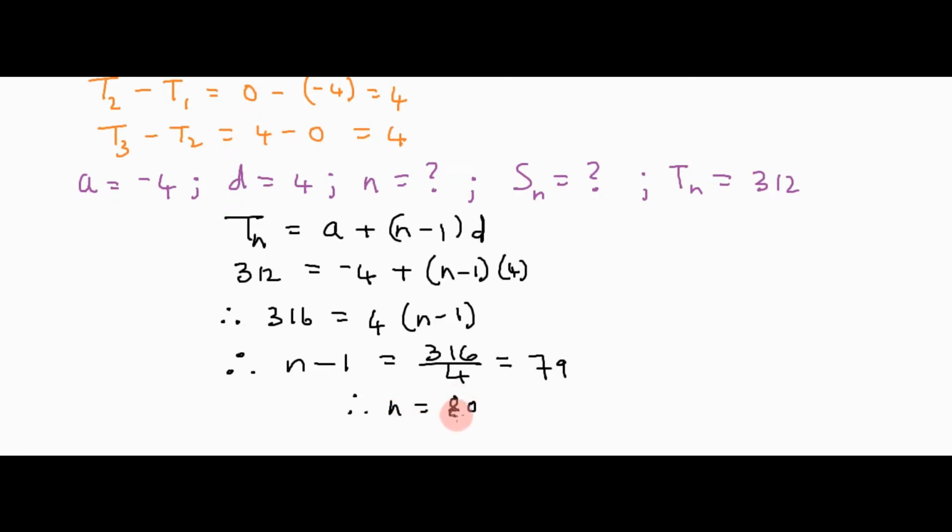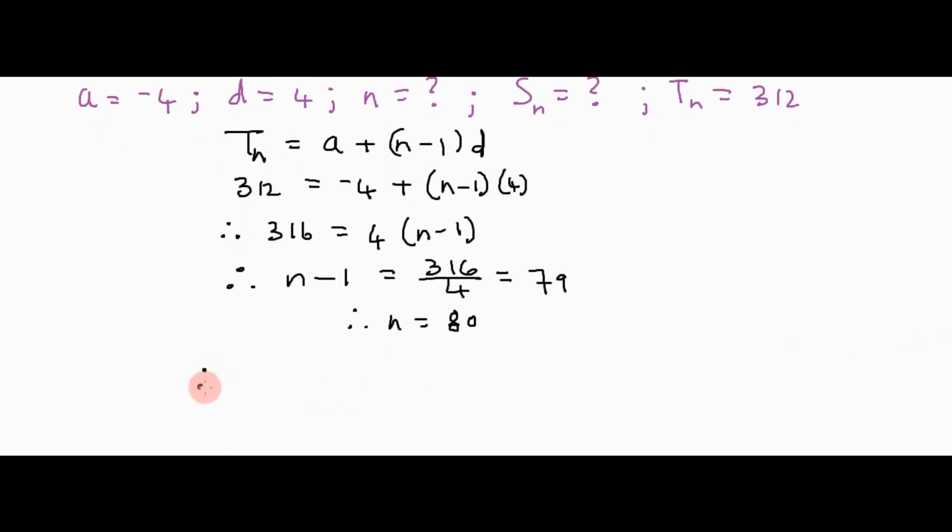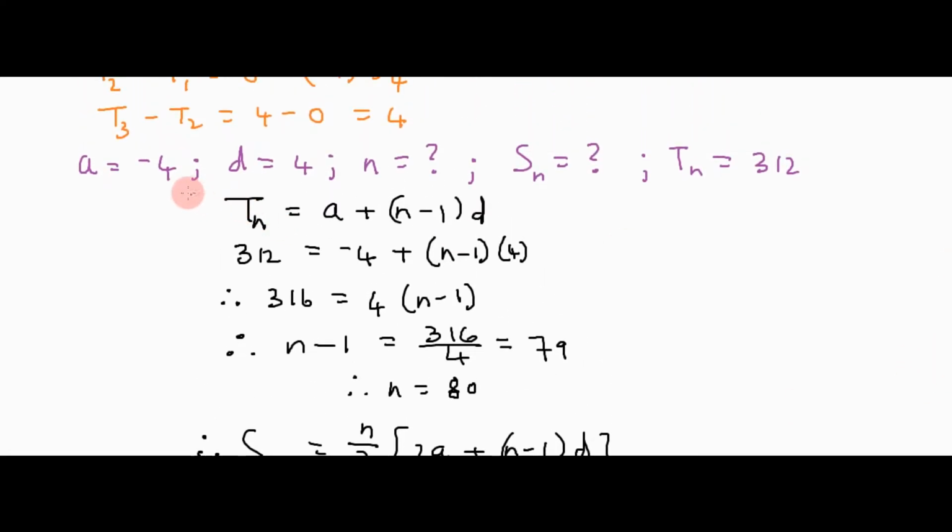So now that we have the number of terms, we can use the sum formula. So S sub n equals n over 2 into 2a plus n minus 1 times d. And we plug in, we want S sub 80, since we have 80 terms. So 80 over 2 into 2a. And of course, a was equal to negative 4.